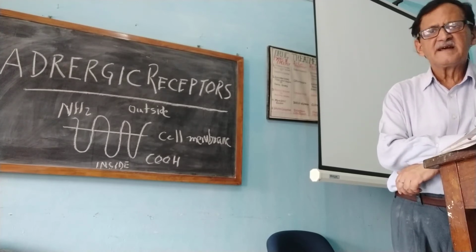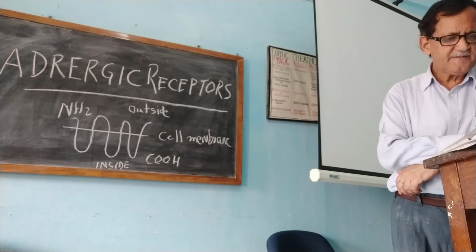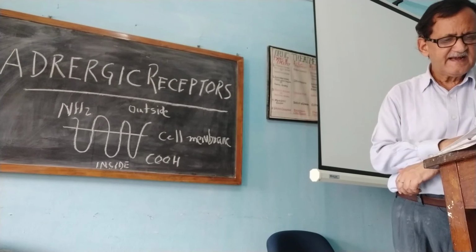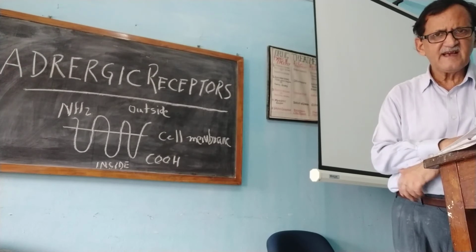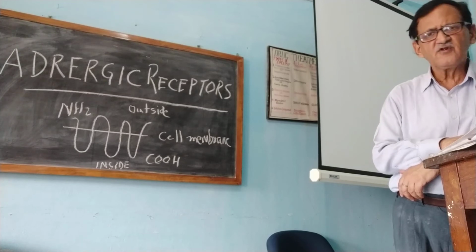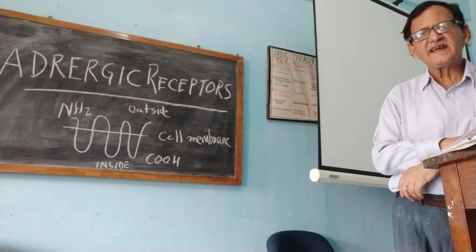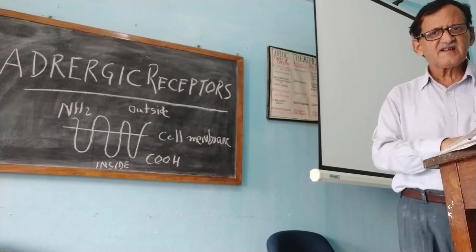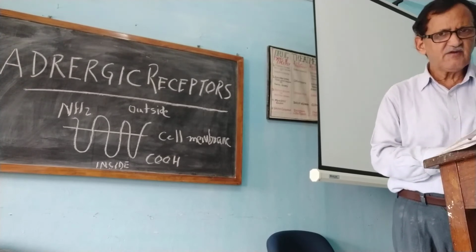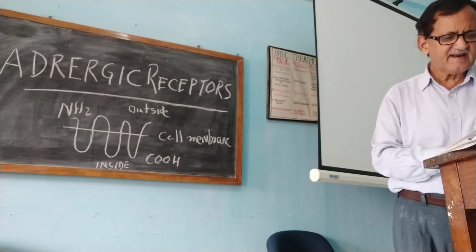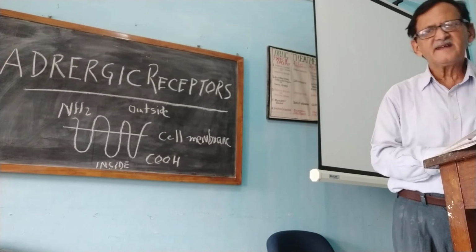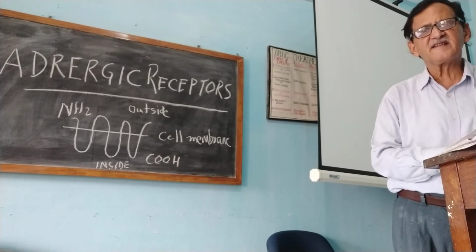So it combines with GI protein, and there is inhibition of adenylate cyclase enzyme, and so inhibition of cyclic AMP. So most of the actions will be inhibitory. So what are the actions? In the central nervous system, it leads to sedation and inhibition of the sympathetic center.